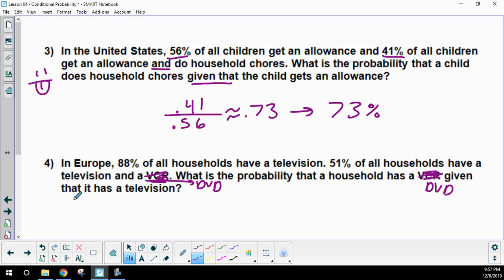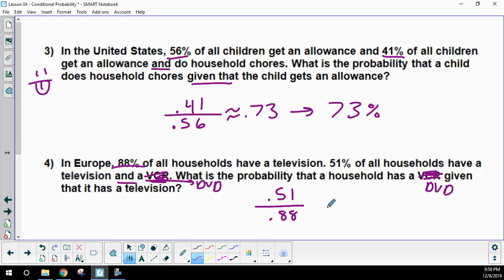So, we have the word and again, so 51% on the bottom. Whoops. I didn't put that in the right spot, did I? Boop. Both and stuff goes on top. Television, 88 goes on the bottom. There we go. If I did it the other way, that would not have worked, because that would have been greater than 1.